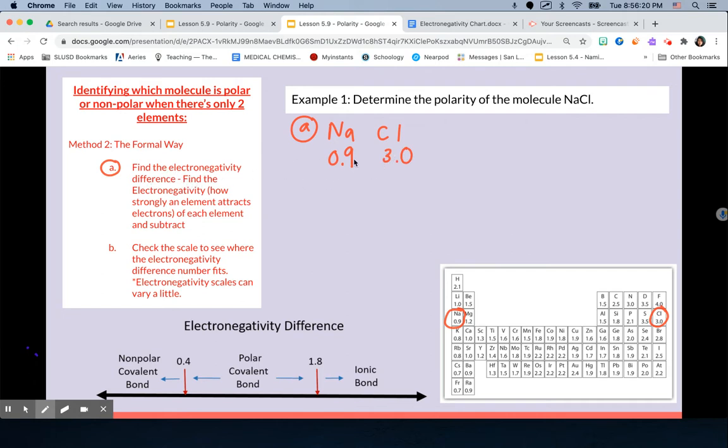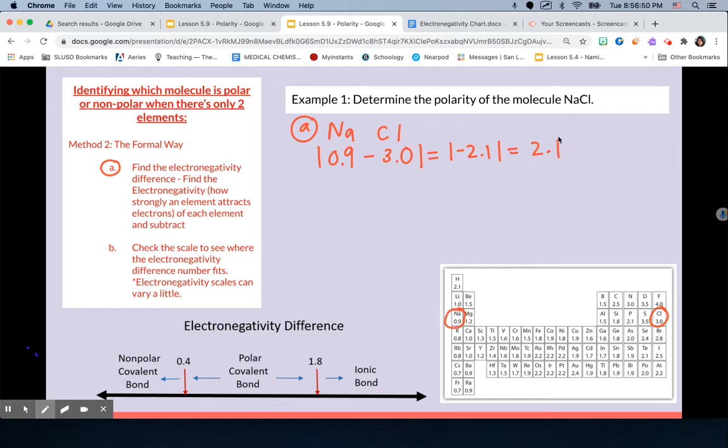So to find the difference, I'm just going to subtract. And I'm always going to take the absolute value of this number, or the positive number. So 0.9 minus 3.0 will be negative 2.1. But since we're taking the absolute value, it's going to be 2.1.